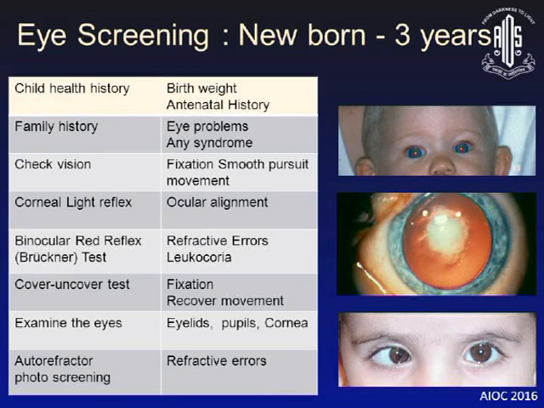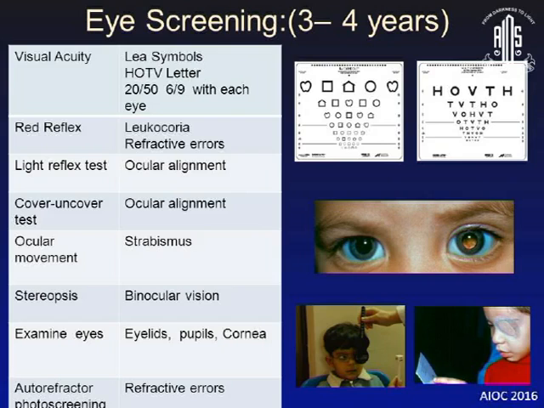The corneal light reflex is used to detect any ocular misalignment, also with the cover and uncover test. It is very important to check the red reflex, which can give an indication of the refractive error and the presence of any leukocoria. Examination of the eyelid, pupil, and the cornea, and detection of refractive error by using refractometers, the handheld one, or photo screening.